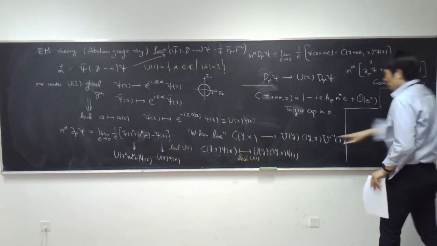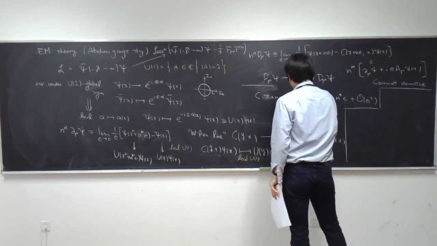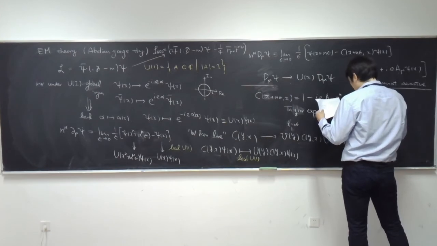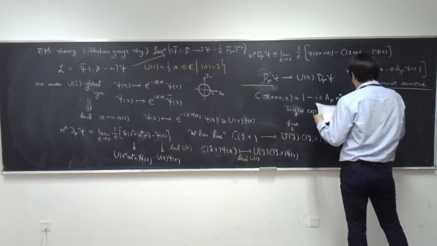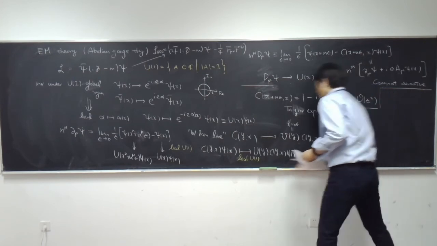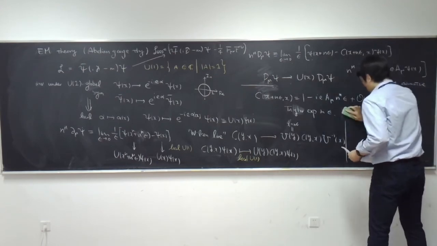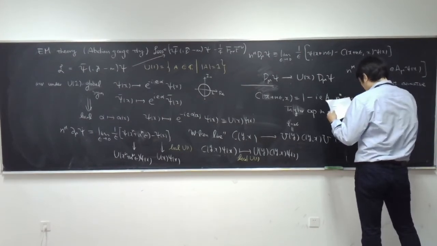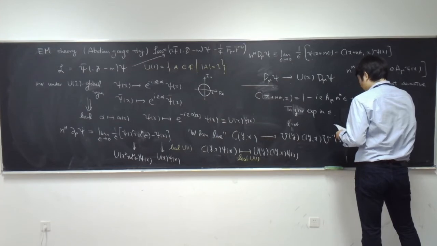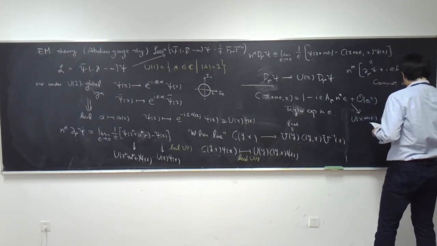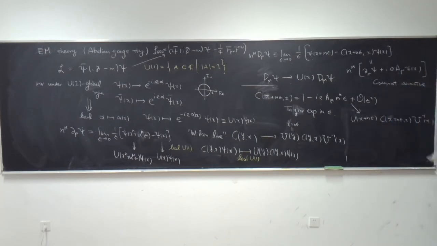When y is equal to x plus n epsilon, this C can be written under this transformation as U(x plus n epsilon) C(x plus n epsilon, x) U inverse of x.